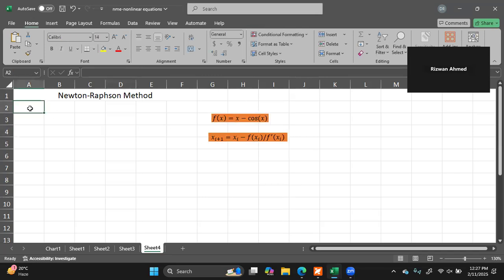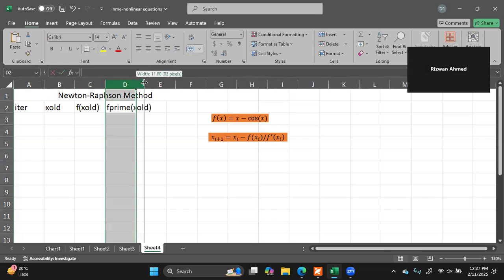So let's set this cell for iteration numbers. And in one iteration, I will start with an old approximation. I will compute the function value at x old. I will compute f prime at the old x value.